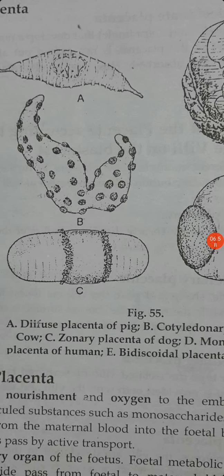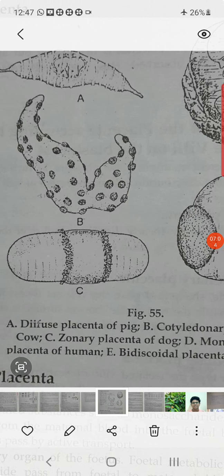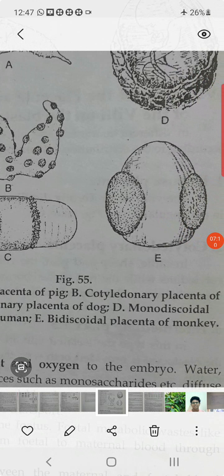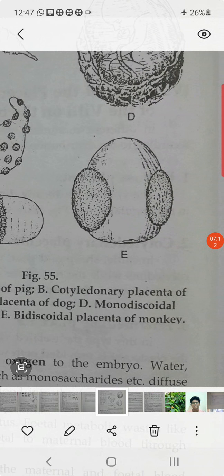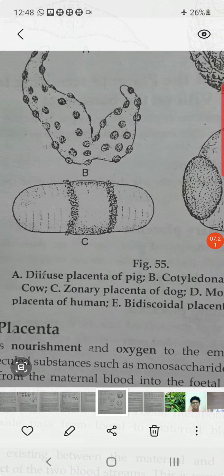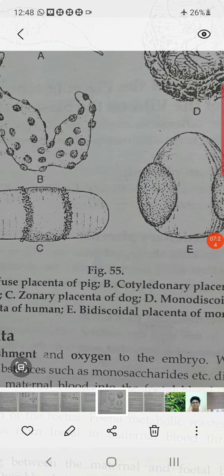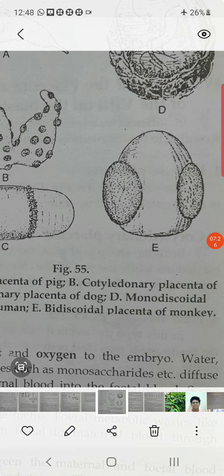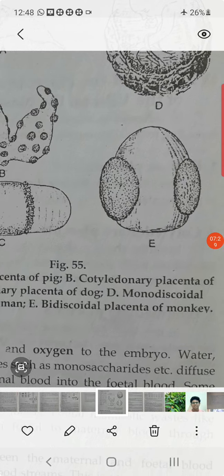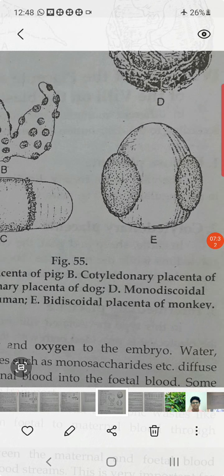Then the fifth one, the discoidal placenta. The villi are restricted to a small disc, therefore it has the shape of a disc and is known as the discoidal placenta. Here D is monodiscoidal and E is bidiscoidal placenta. The last one is the metadiscoidal placenta.